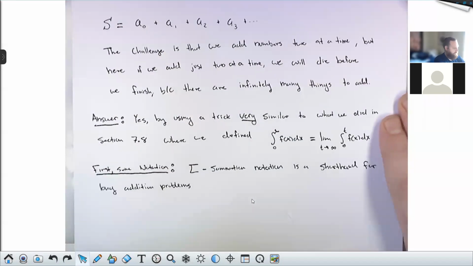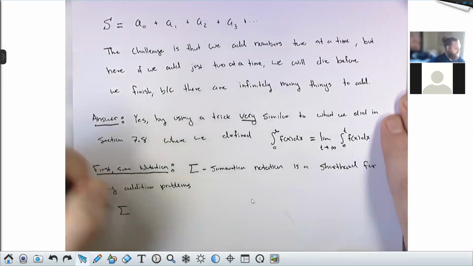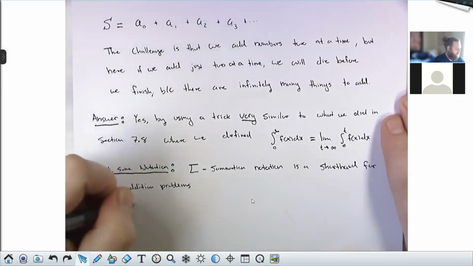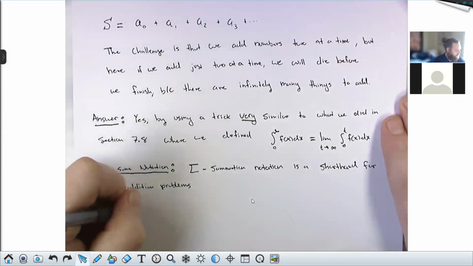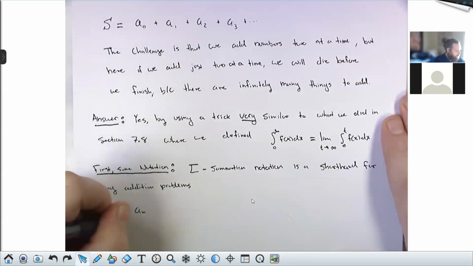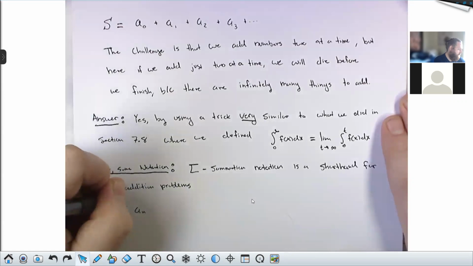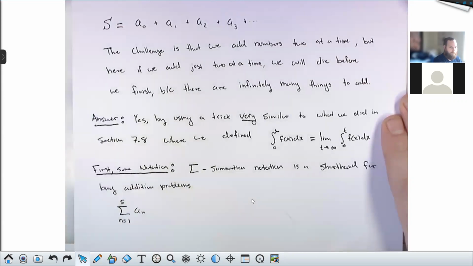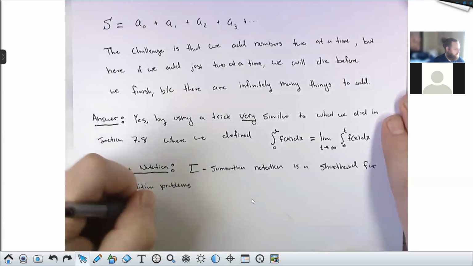Here's how it works. Sigma of some stuff in here, say a_n, where n runs from 1 to 5, would mean we're going to take these things, the a_n's, which have the variable n inside of them, and add them up as n goes from 1 to 5 over the integers.